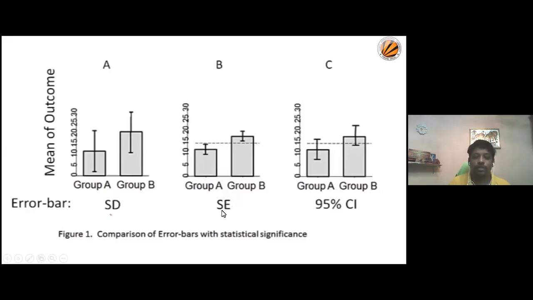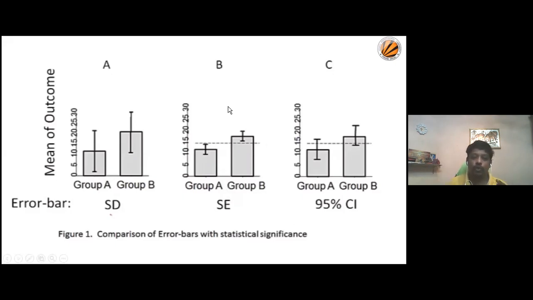Second, they use the error bar as a standard error, one standard error. Usually, if you have a larger sample size, the standard error will be very, very narrow. The standard error is the standard deviation divided by root n. So when you have a larger sample size, you have a very narrow single standard error.